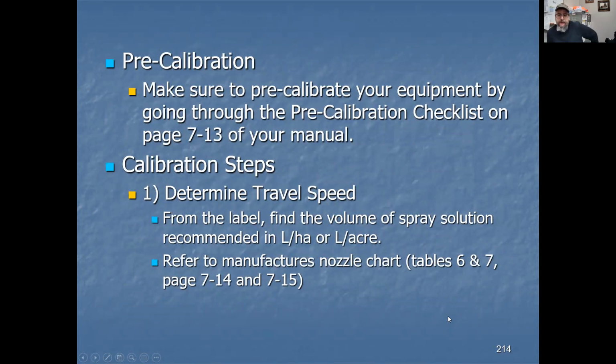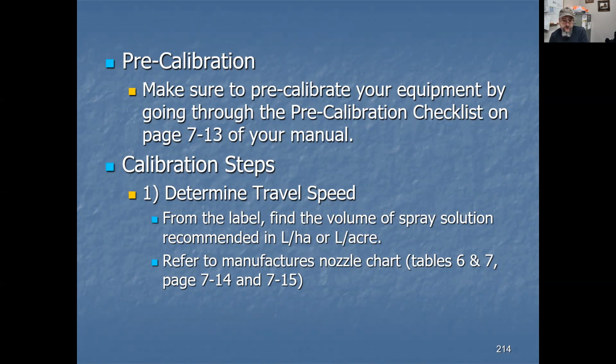Pre-calibration. Make sure to pre-calibrate your equipment by going through the pre-calibration checklist. It's on page 13 in module 7. You're going to determine your travel speed. From the label, find the volume of spray solution recommended in liters per hectare or liters per acre. Refer to the manufacturer's nozzle chart, tables 6 and 7.